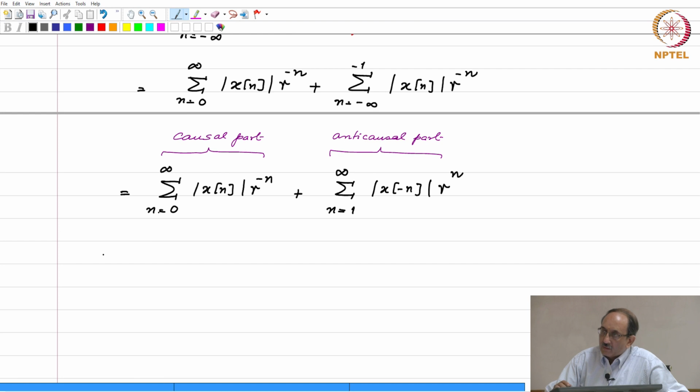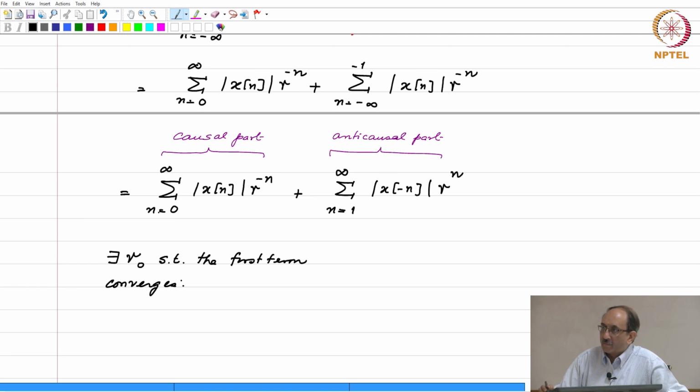Suppose, let us assume that there exists a certain R naught for which the first part exists. So, suppose there exists R naught such that the first term converges.